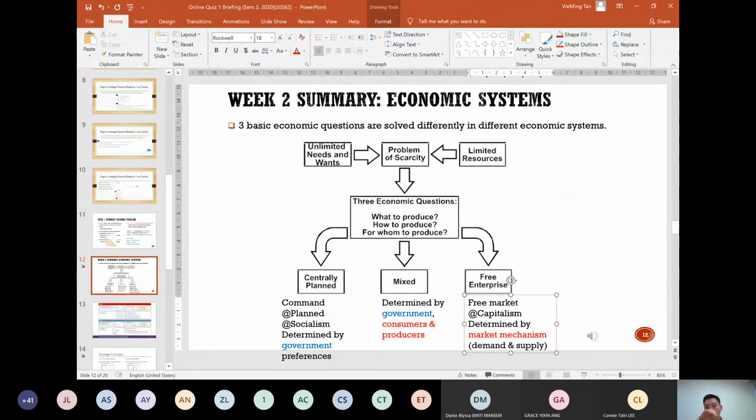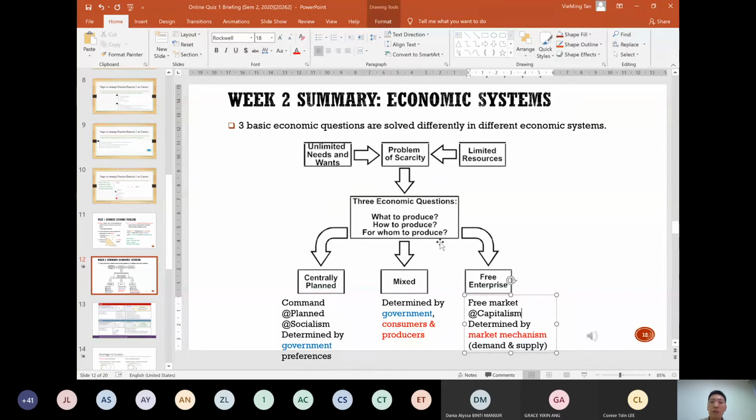The reason we want to understand the economic systems is that each economic system has a different way to answer these three economic questions. How to answer them depends on what type of economic system is used by a country, a nation, or an economy.